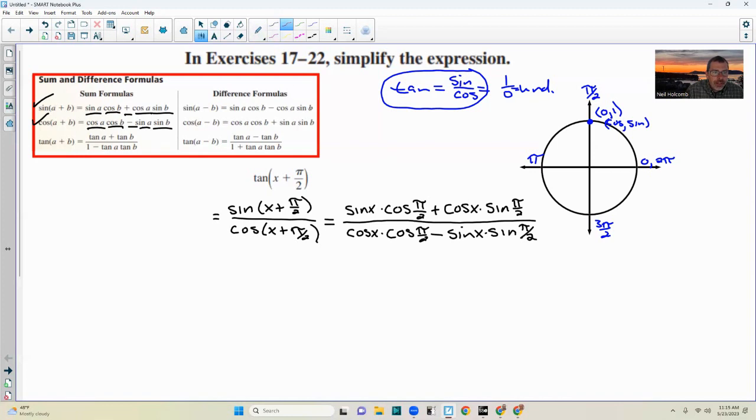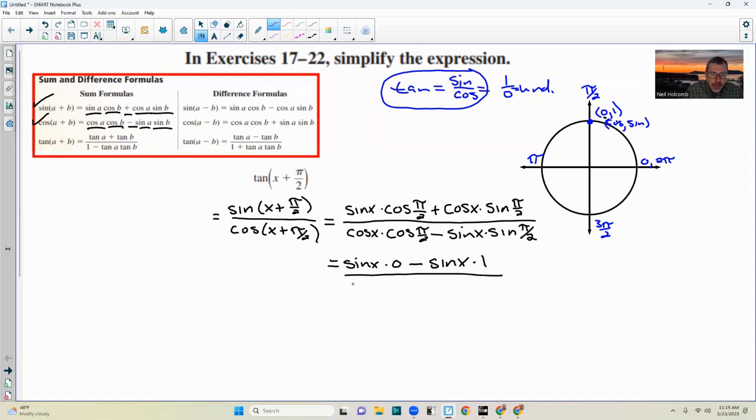Okay, so now let's simplify that. Sine of x stays sine of x, because we don't know what x is. Cosine of pi over 2 is 0, so that's times 0. The sine of pi over 2 is 1, so that's times 1.